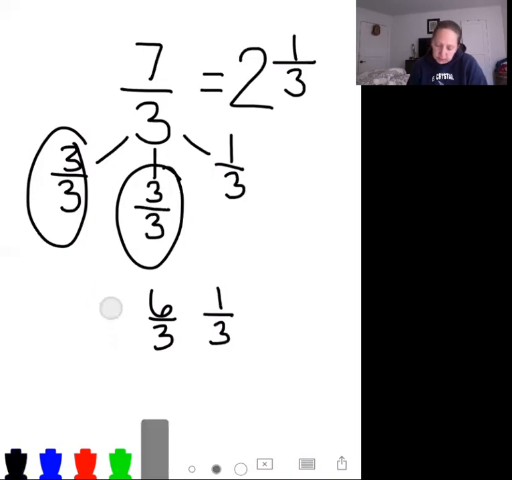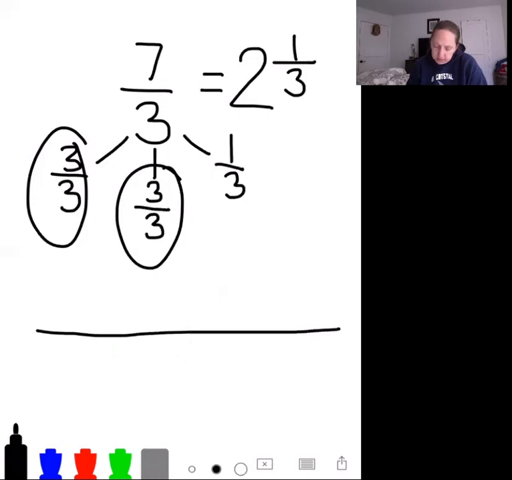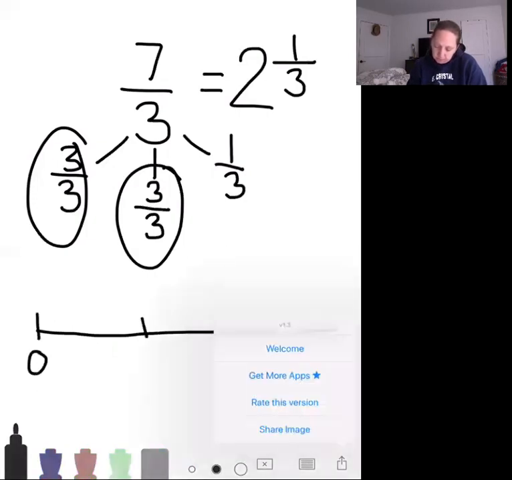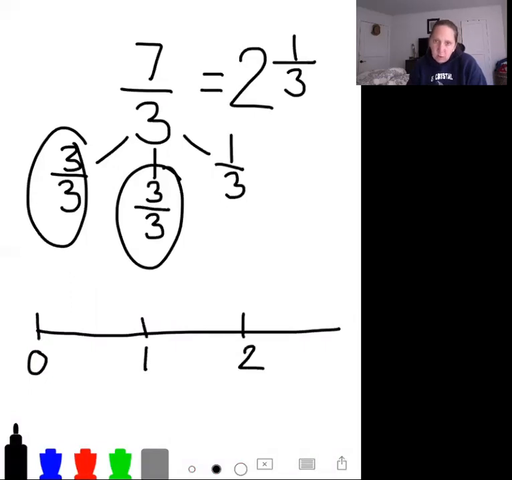Now you could also just do a number line as well. I'm not really great at the number lines, but we'll try it out here. So I have a whole of 0, a whole of 1, a whole of 2. Now I'm going to get to thirds.